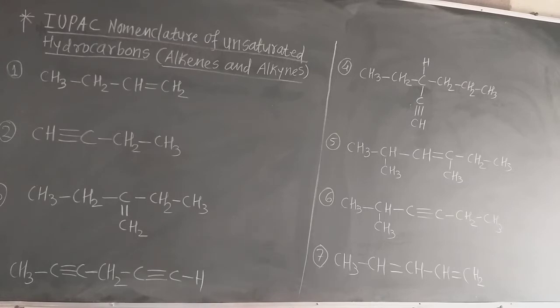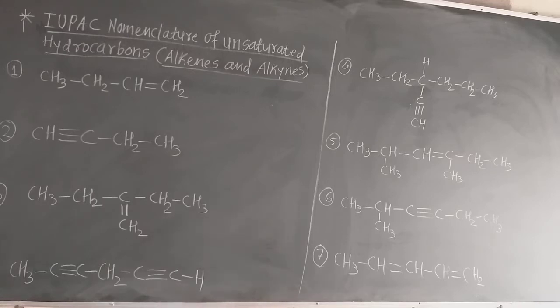But in the case of IUPAC nomenclature of unsaturated hydrocarbons, that is alkenes and alkynes, here also we have to select the longest chain containing the maximum number of carbon atoms. But during selection of the longest chain, always select such a longest chain which has the double bond or triple bond in that chain.